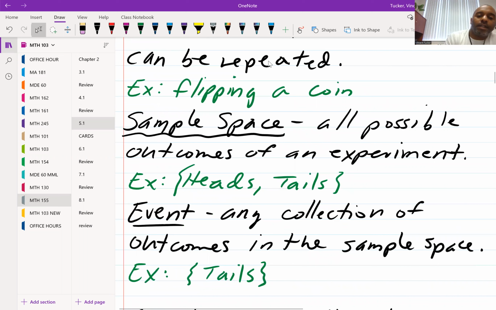All right. And then an event would be any collection of outcomes in the sample space. So if I want to know the probability of landing tails, tails would be my event.